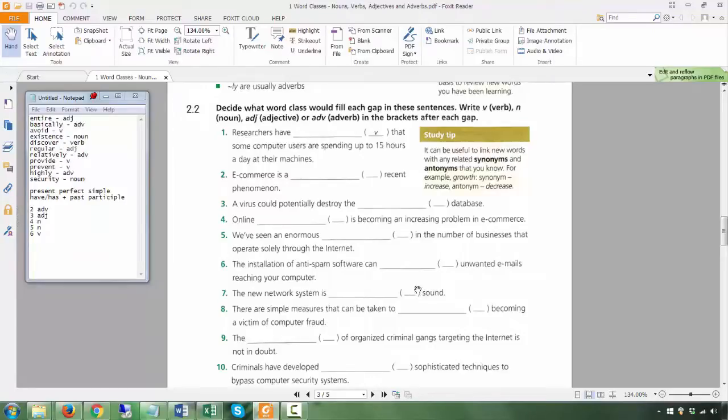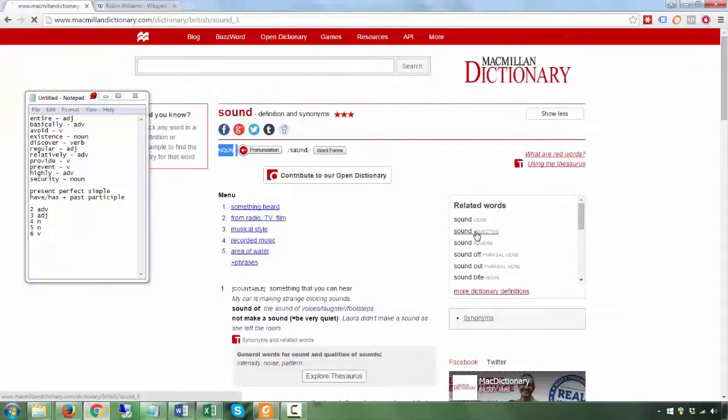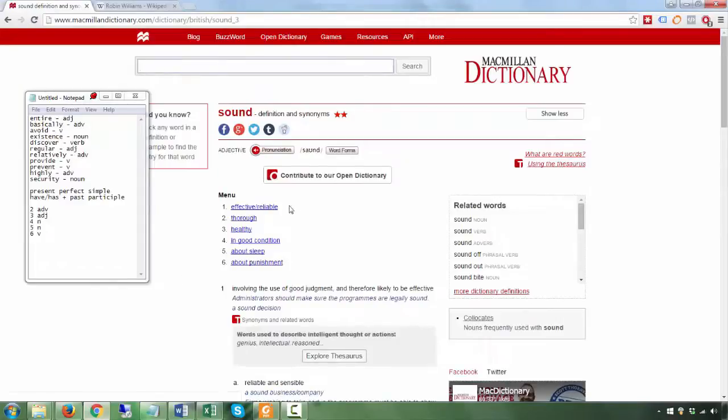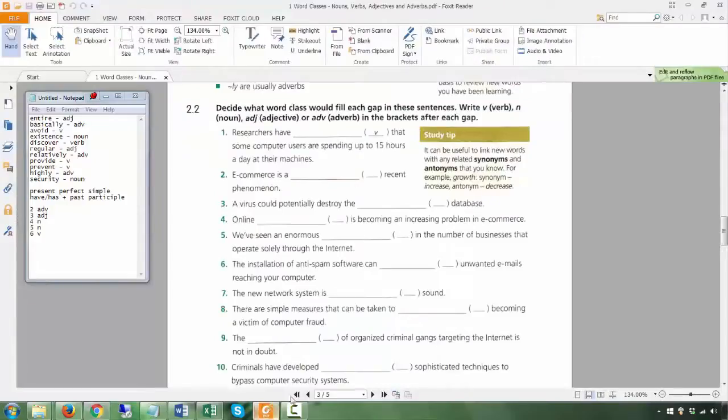Then we would have an adjective and a noun. What does it mean, the new network is sound, is noise? It doesn't make sense, right? So actually, this word sound here is an adjective. What it means is works well, it's reliable, it's good. Everything is fine, there are no problems. So this is an adjective.